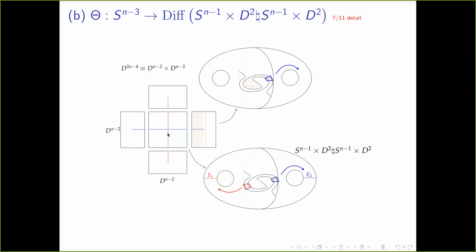So you get this picture like this of the family of embeddings of the interval.